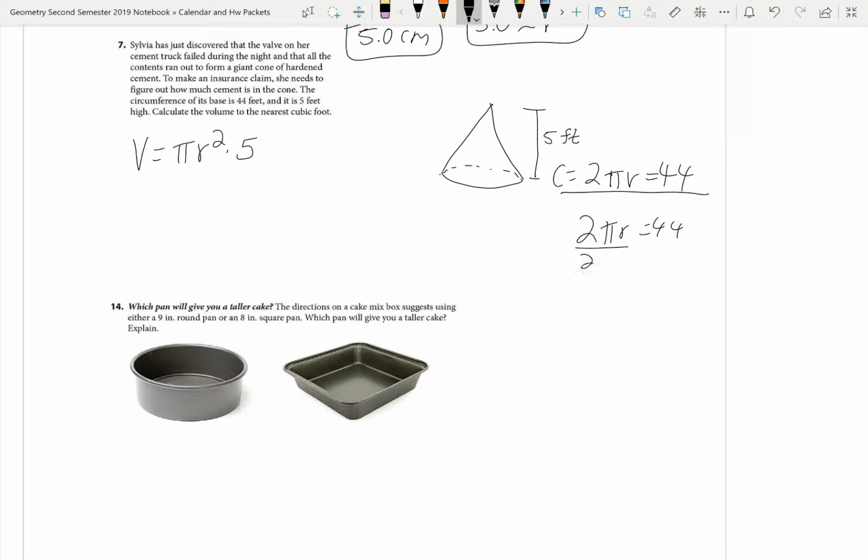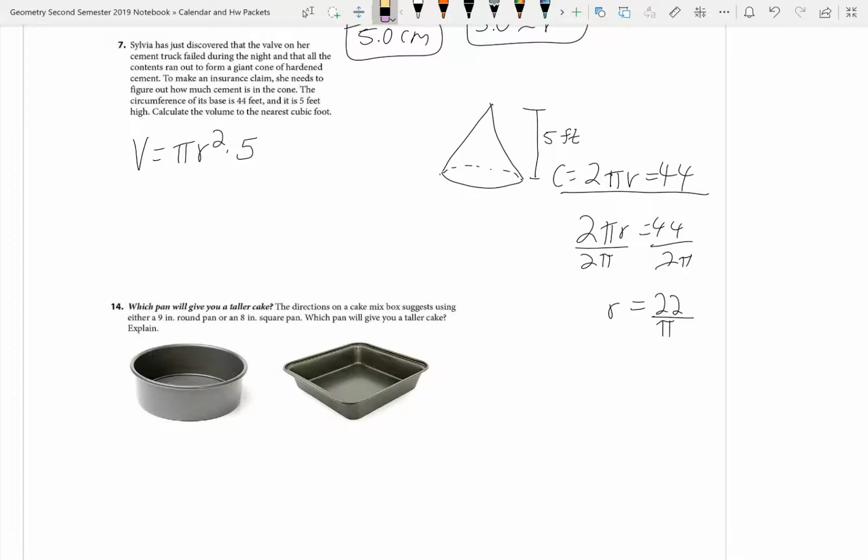I'm going to divide both sides by 2 pi, and r is equal to 22 over pi. Pi's on the bottom. There we go. And now I can find the volume.